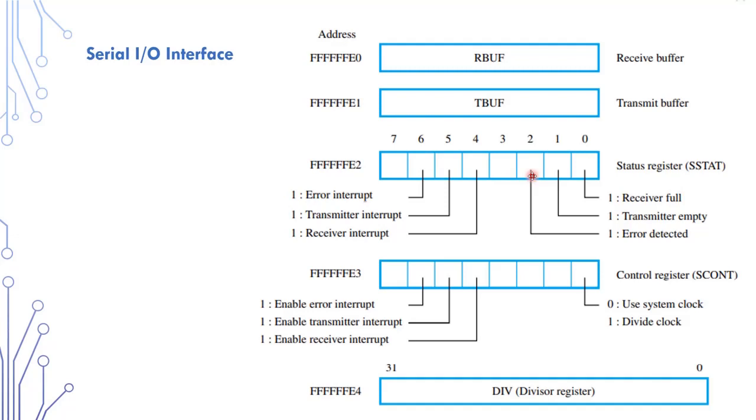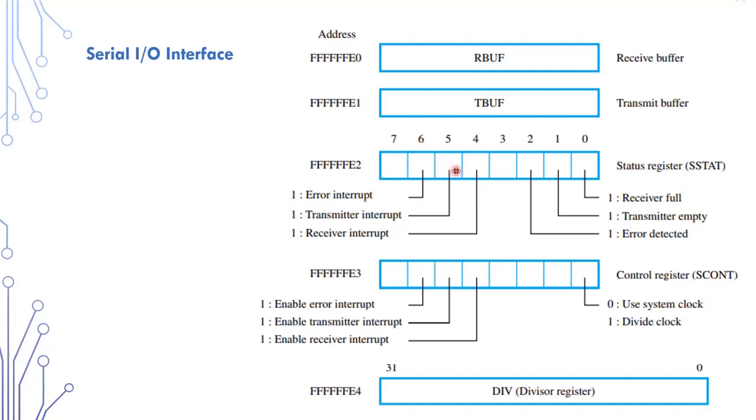The status register also contains interrupt flags. SStat 4 is set to 1 when the receive buffer becomes full and a receiver interrupt is enabled. Similarly, SStat 5 is set to 1 when the transmit buffer becomes empty and the transmit interrupt is enabled.